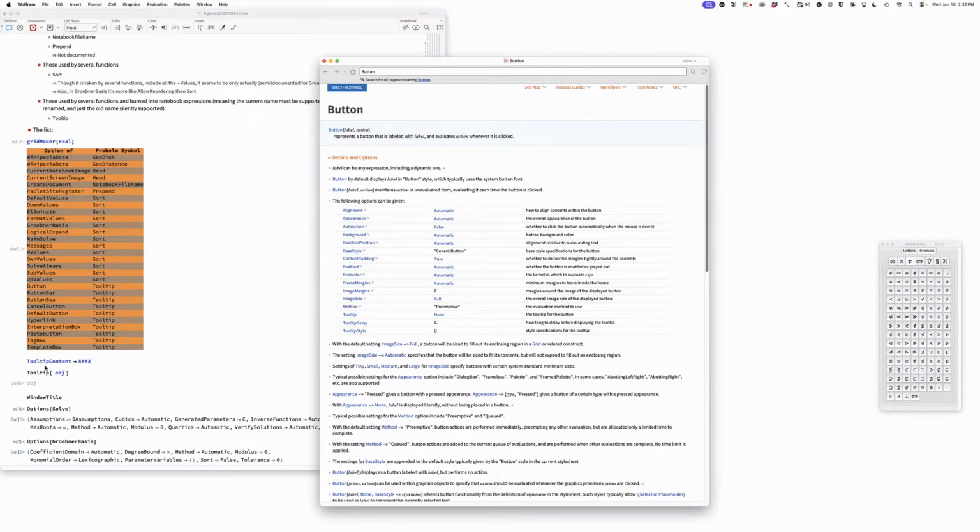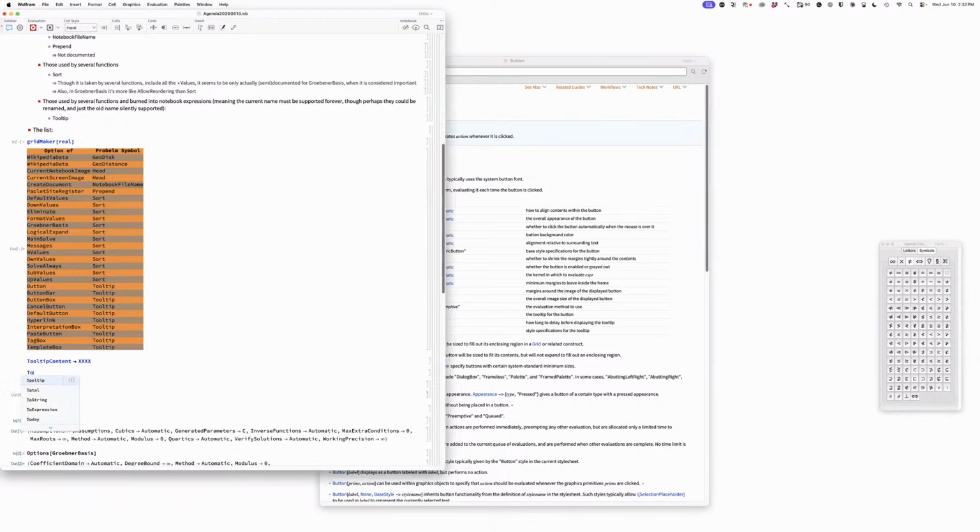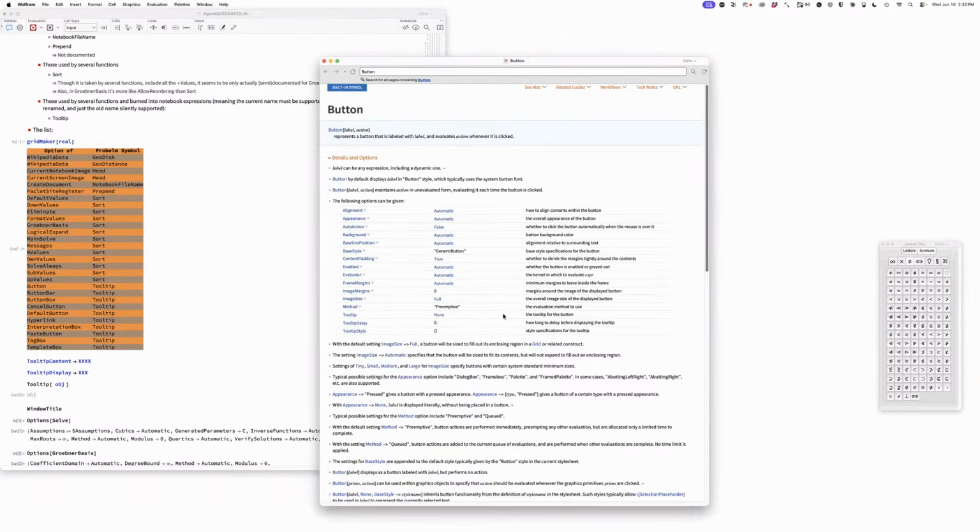TooltipDisplay. Yeah, actually, another vote against label is that default LabelStyle doesn't touch the tooltip. I like that less than TooltipContent. But the default is None, so that just, well. Yeah.